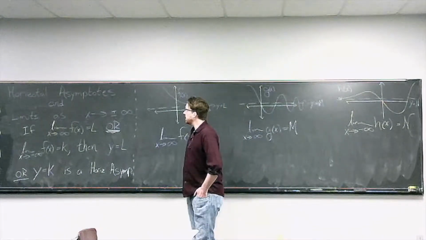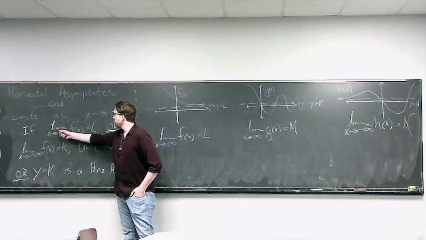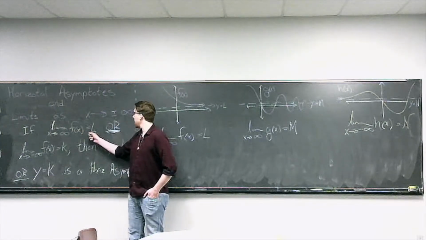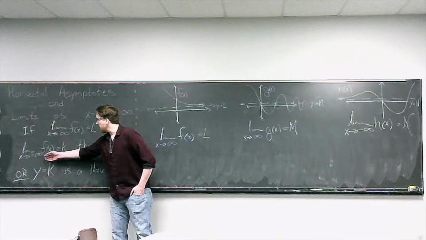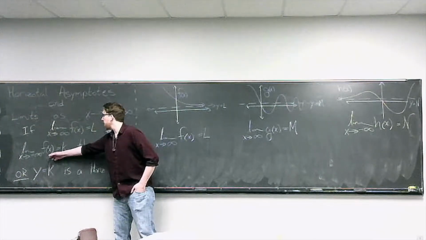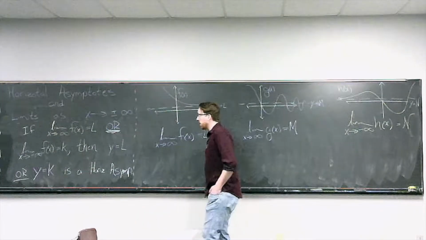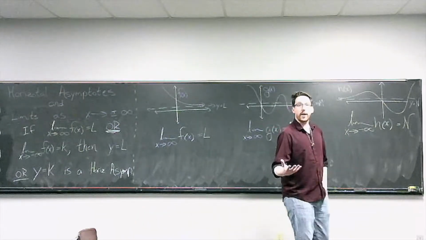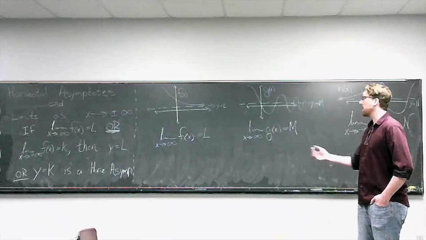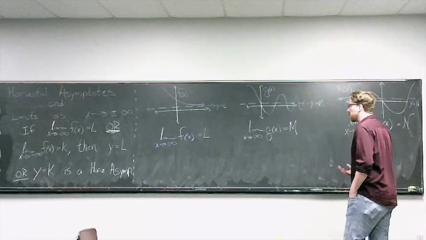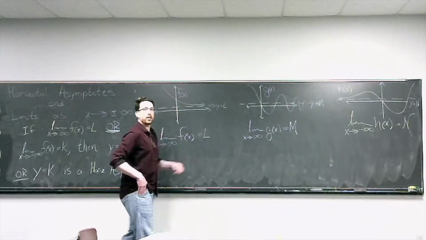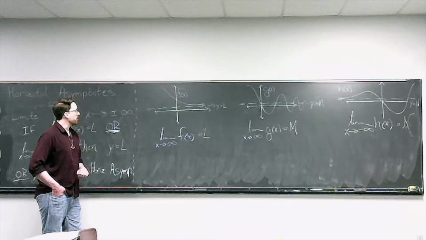And what we say is that if the limit as x approaches infinity of f of x is equal to L, or if as the limit goes to negative infinity, our function approaches k, then we would say that the line y equal to L or the line y equal to k is a horizontal asymptote. And I've got a couple of examples here just to demonstrate a little bit of what this all means.